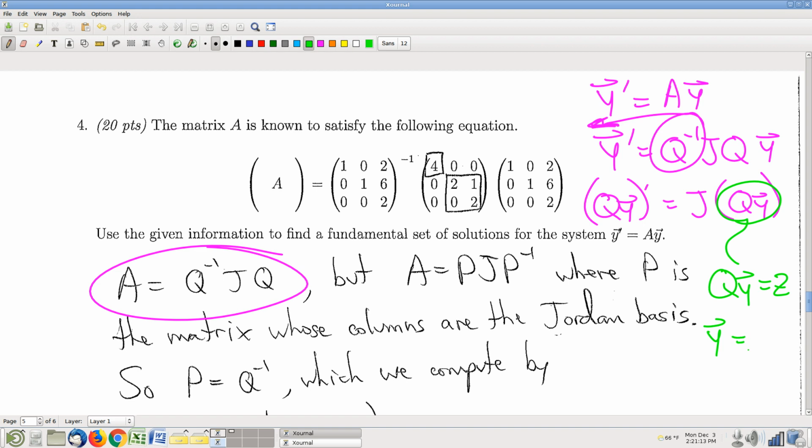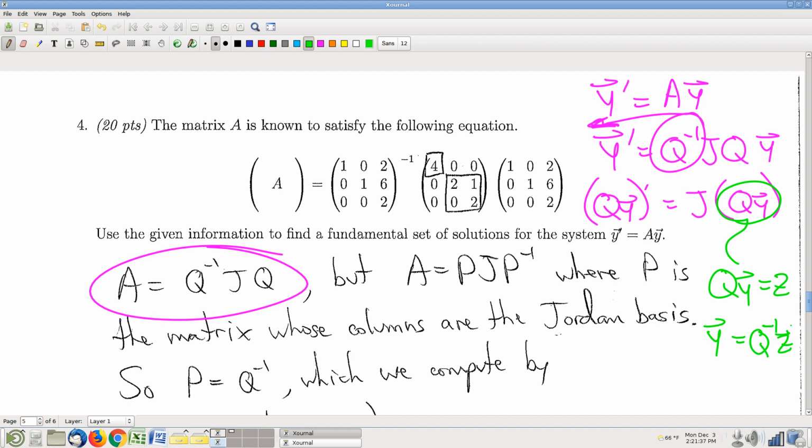And thus, the Y that you're looking for. In other words, after you take your Jordan form and do the whole back solving to decouple your system, et cetera, it remains that you're going to have to take those Z solutions and multiply by Q inverse. So you don't have to call it P and set it up this way.